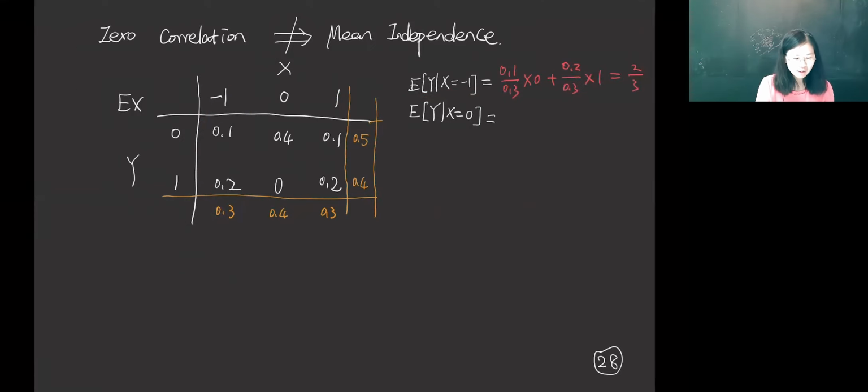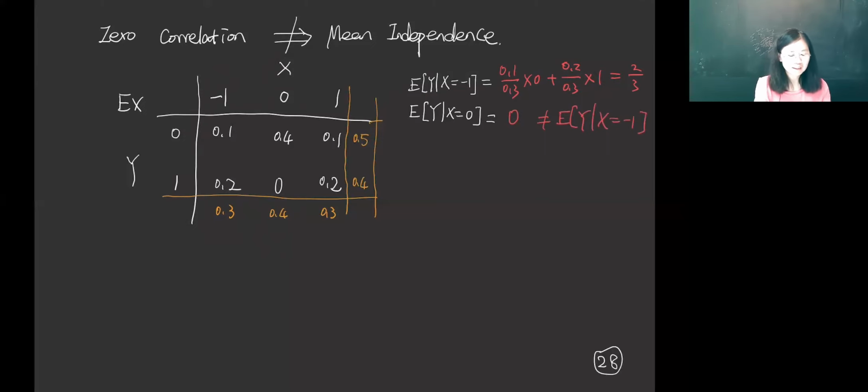And now let's calculate the expected value of y given x equals 0. For that, we use the second column. Notice that the second column gives 0 probability to the value 1 and positive probability to the value 0. So clearly, the conditional mean of y given x equals 0 equals 0, which is not equal to E of y given x equals -1.